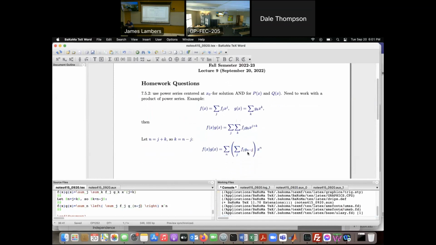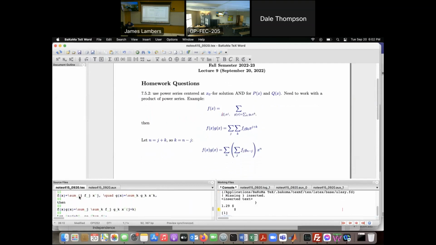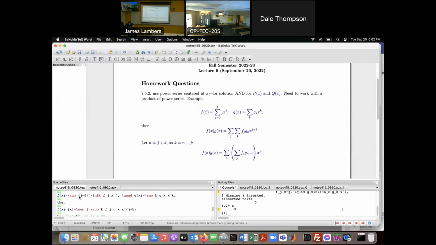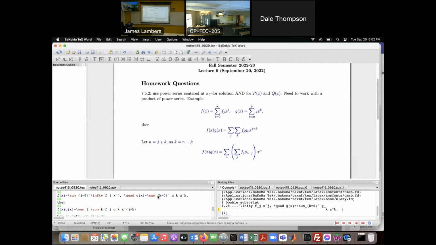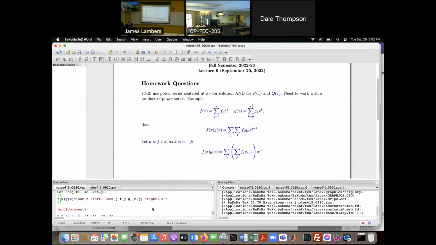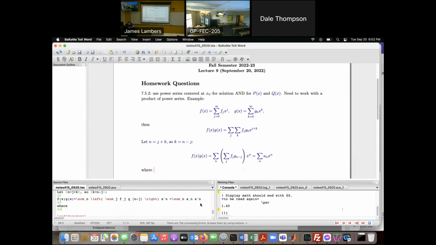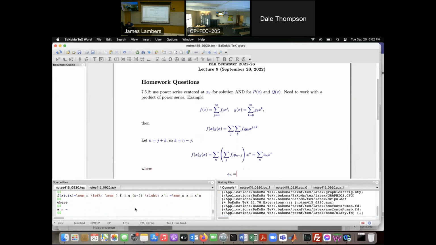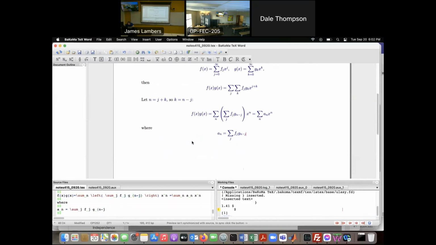Now, in the simplest case, if I let these be conventional power series, which you would also do in the problem, where your indices start at 0, then if I want to write my product in this form, the coefficients are given by this.